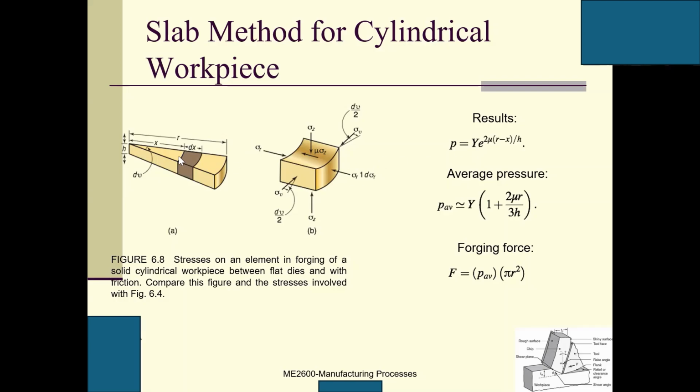This dark volume is in a state of equilibrium, so we can just use the force balance equations. Then we can get P equals Y, where Y is the yield strength of the material. The average pressure and the force can be calculated using this equation.